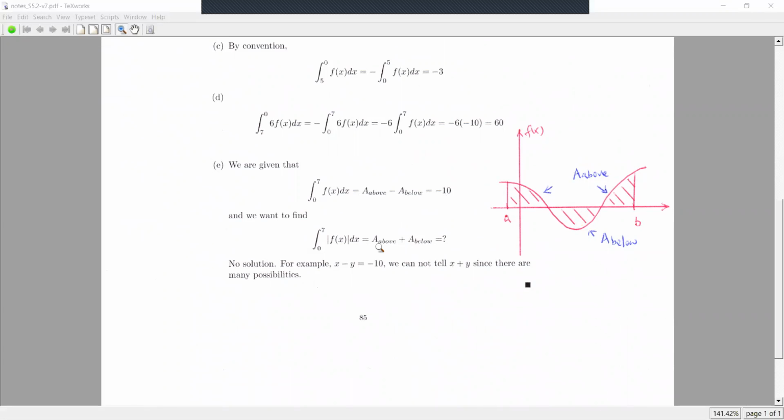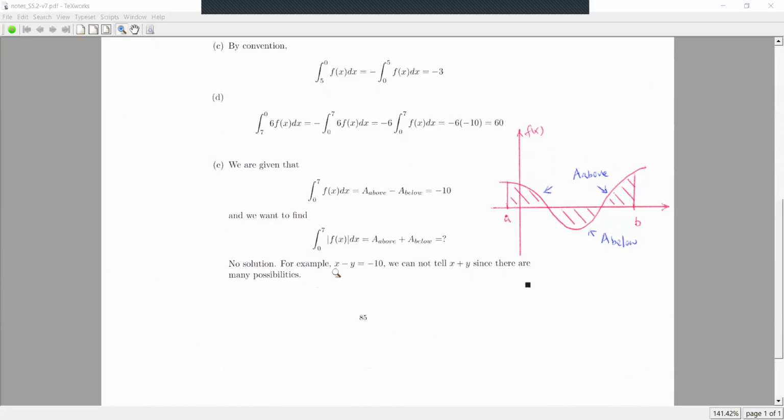We want to find A above plus A below. What is that? The answer is no solution. Now this time, it is impossible to compute this integral just based on this information. This integral is -10. Only based on this information, we cannot tell this integral.